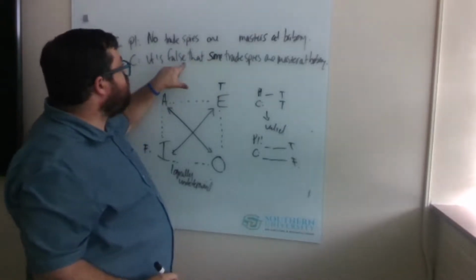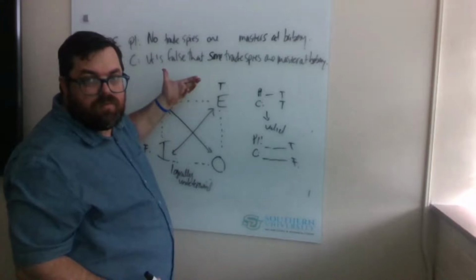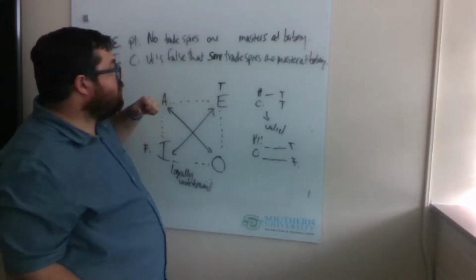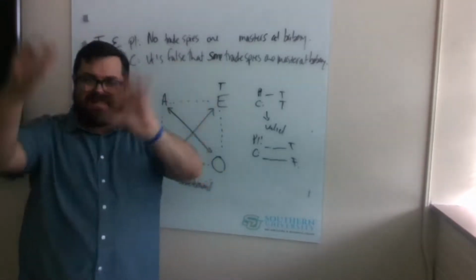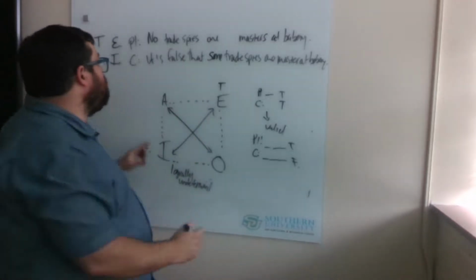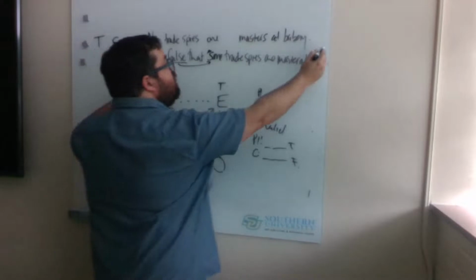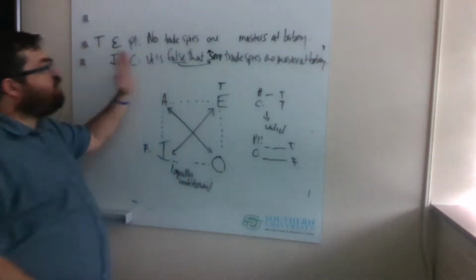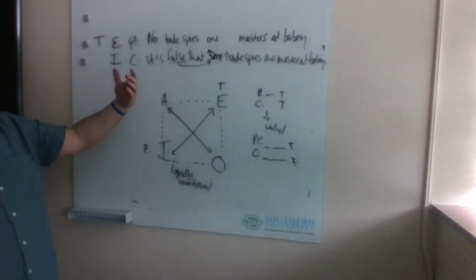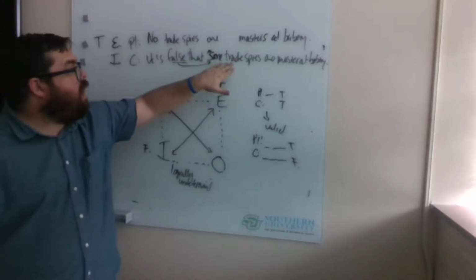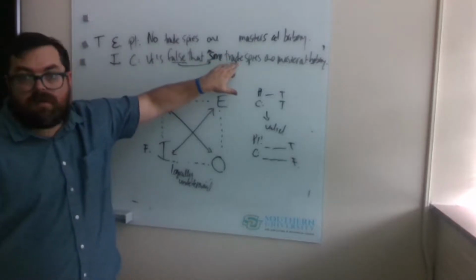And this conclusion says it's false that some trade spies are masters of bribery. So it's telling me something true about this thing, which is false, right? The part that says it's false is describing this proposition inside here. And this whole sentence is saying something correct about this I proposition that's false.